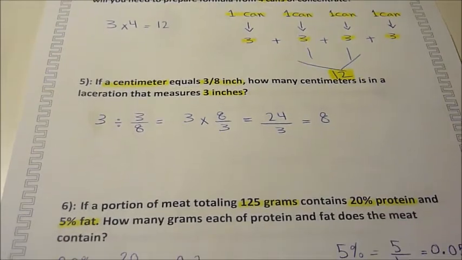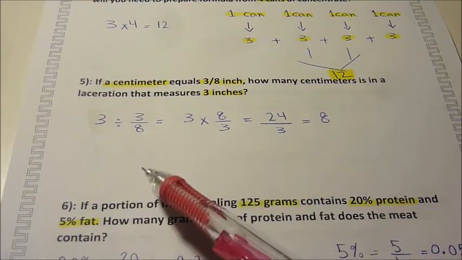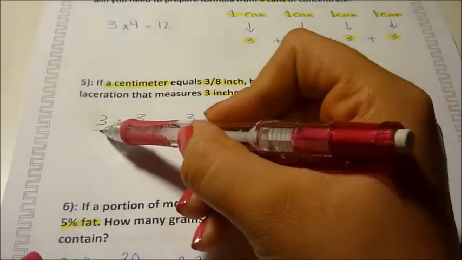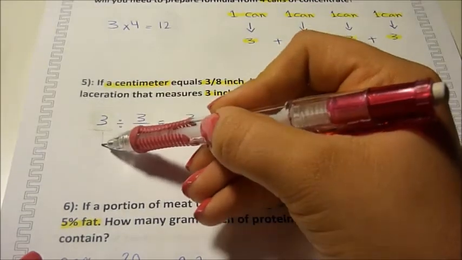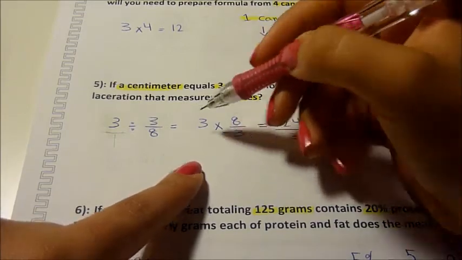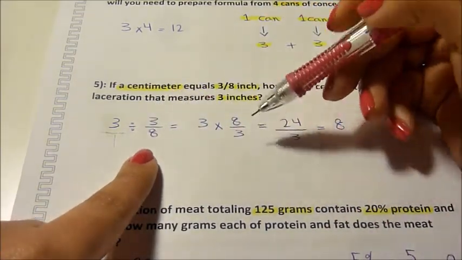Our fifth question says, if a centimeter equals 3/8 inch, how many centimeters in a laceration that measures 3 inches? Really simple. You're going to take that 3 divided by 3/8. You give this 3 a denominator of 1. Then you need to change that division to multiplication.